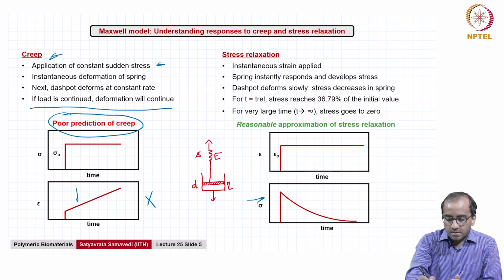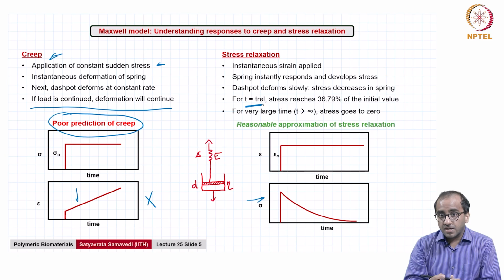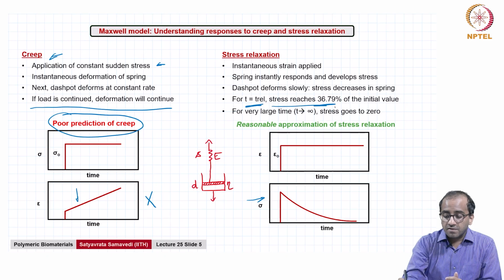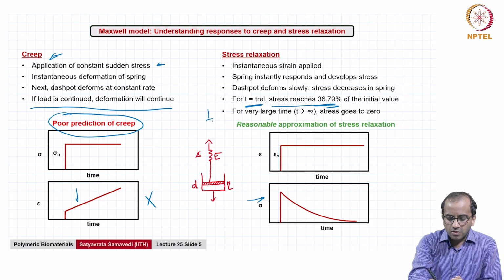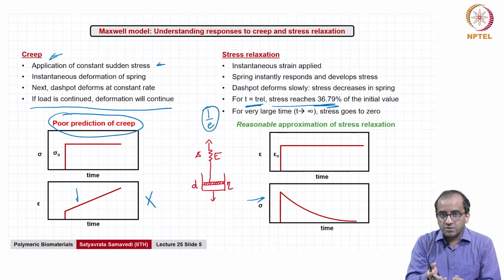At the time when t is equal to the t of relaxation, the stress reaches a value of 36.79% of the initial value. That just comes from substituting t equal to T relaxation in the stress relaxation prediction from the Maxwell model. Essentially, this is 1 over E, that is where it comes from.